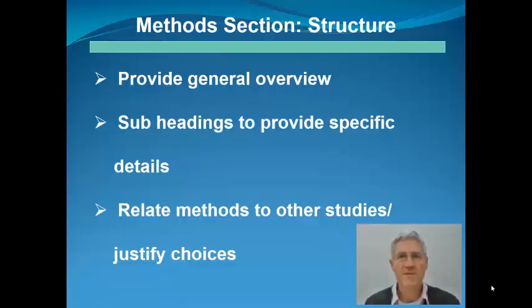Thus, the method section should begin with a general overview, followed by subheadings giving specific details of the research undertaken, and as mentioned previously, creating credibility for the research and the thinking behind it, which is so vital. So these subsections should contain reasons why you chose to do what you did.